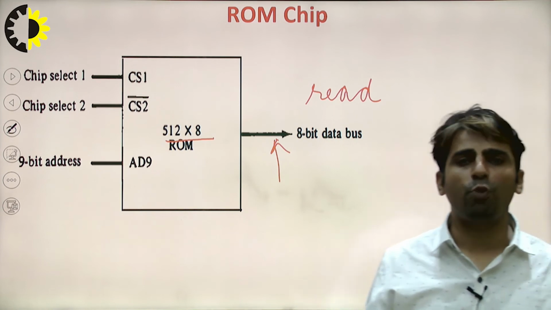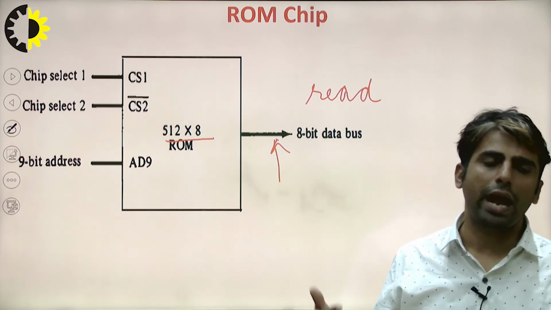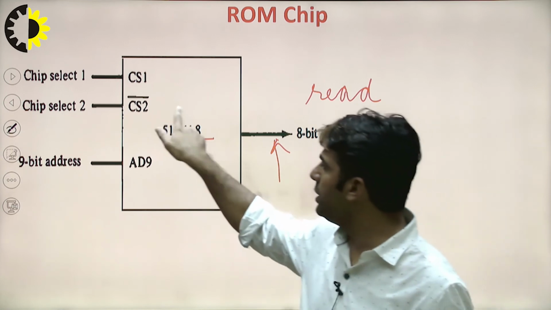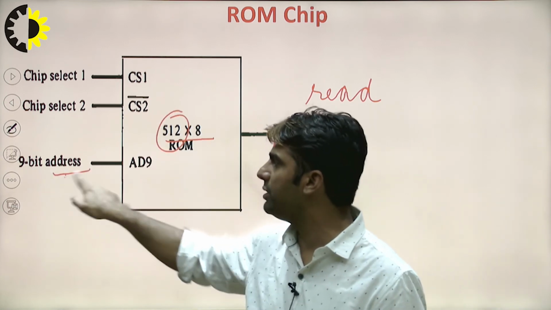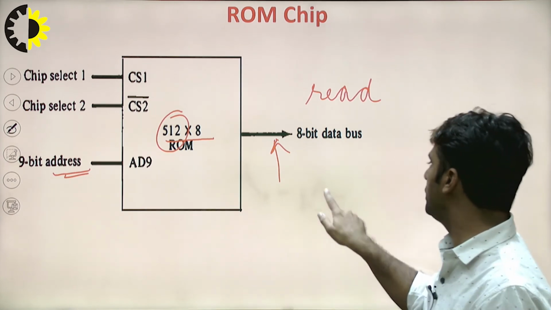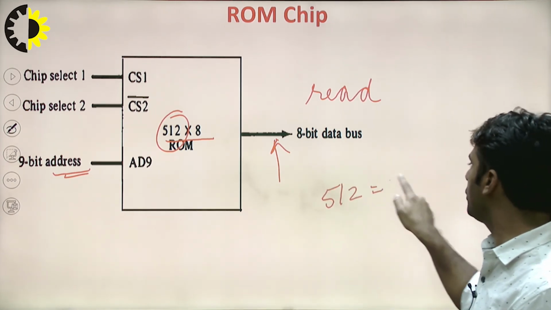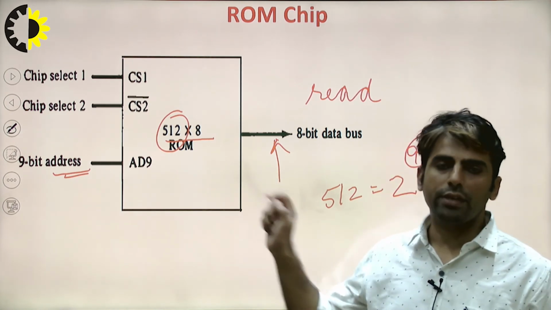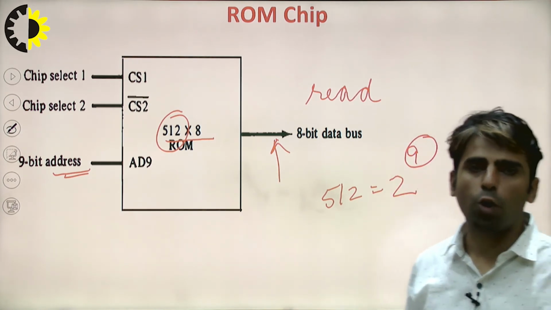The RAM chip was 128 into 8 and here it is 512 into 8. Because it is 512, the number of address bits will be 9, since 512 is equal to 2 power 9, and 9 bits will be used to take the address in the ROM chip.